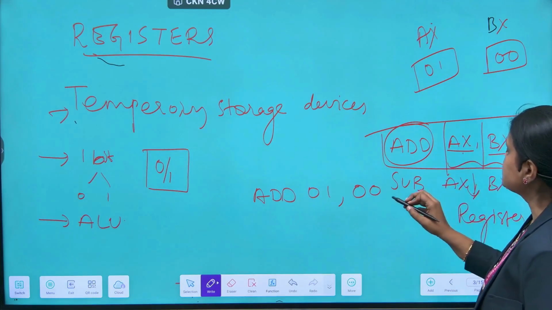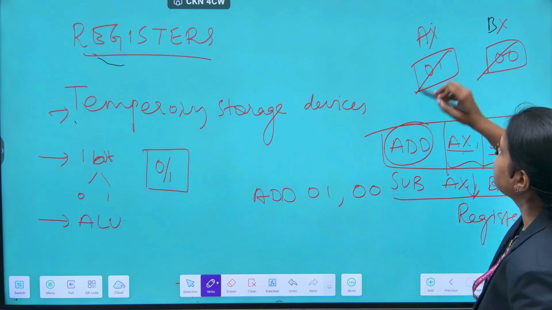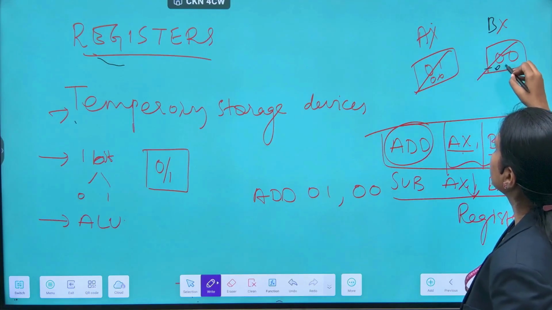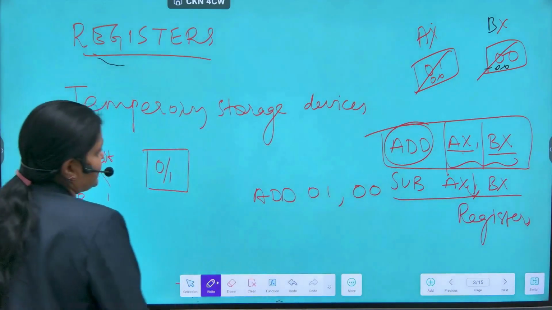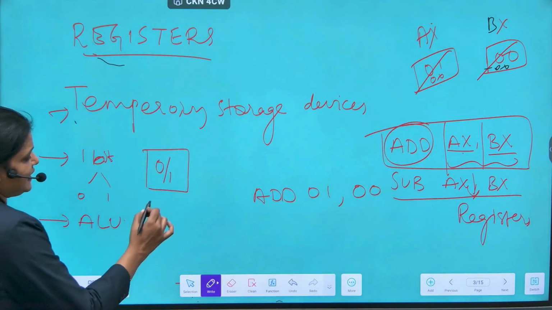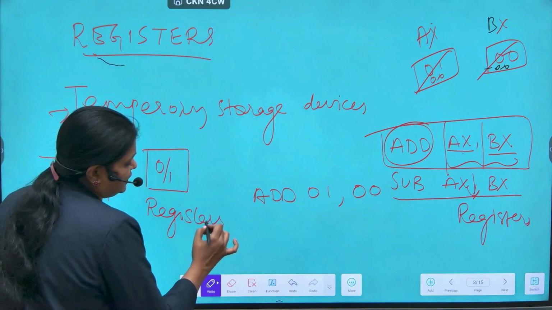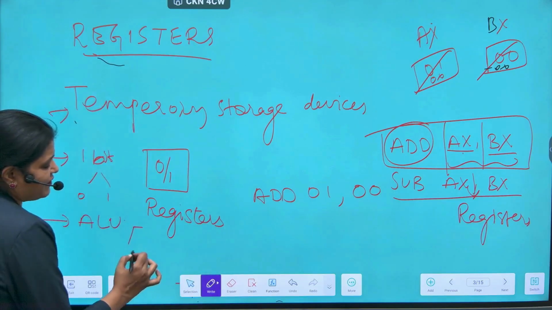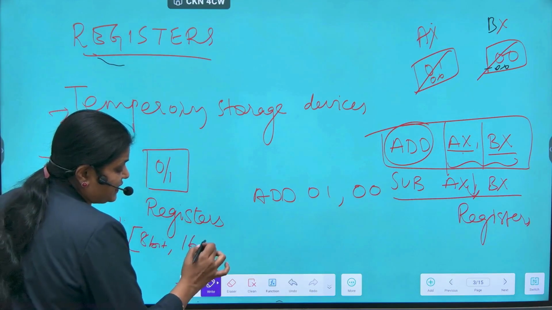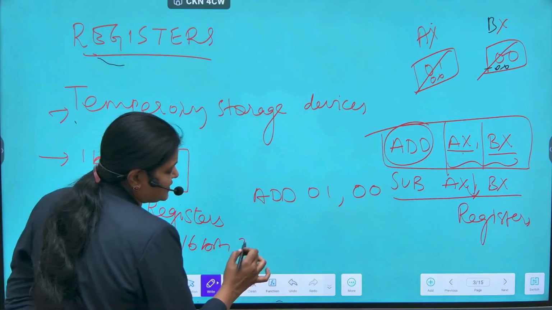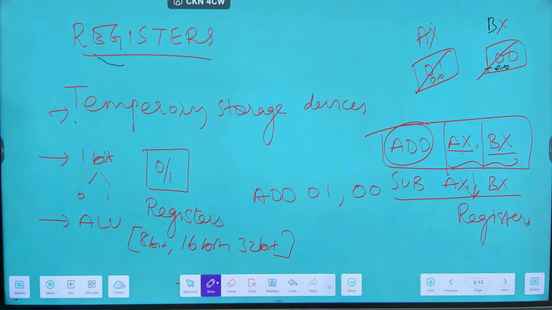Next, when I go to the subtraction instruction, the previous data is deleted and new data is loaded. If I want to go back and look into the previous operation results, it is not possible in the registers. At most we have 8-bit registers, 16-bit registers and 32-bit registers, not more than that. So these are temporary storage devices.